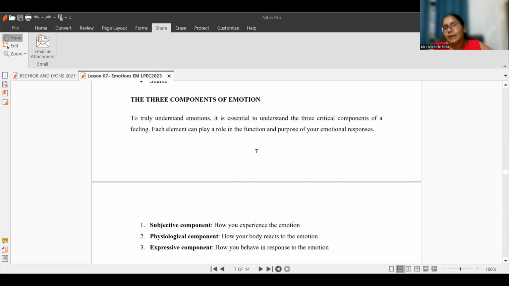Let's say a collection of people have been accused of a fault. Let's say in an organization, a group of employees is accused of bad performance. During that time, what they feel may be anger or sadness, or sometimes fear, because now the supervisor has accused them of not performing as expected.